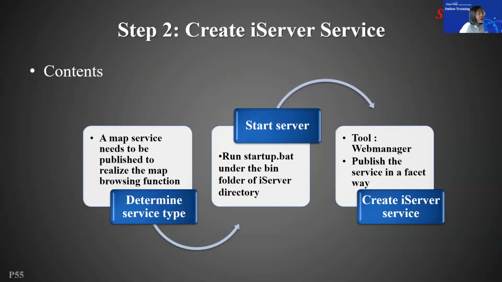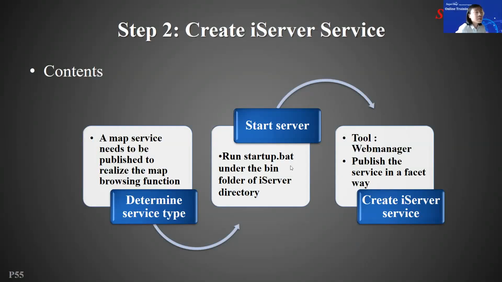If you would like to do some spatial analysis functions, then you have to publish the spatial analysis service. So for this getting started, we will start with how to publish the map service. First we decide which service type we should publish.